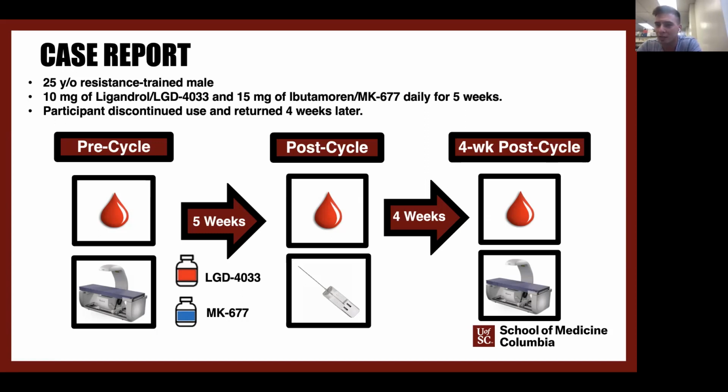This one is technically not a SARM. MK677 is a growth hormone and ghrelin secretagogue, meaning it enhances the release of these hormones. Does anyone know what the effects of ghrelin are? It makes you hungry.